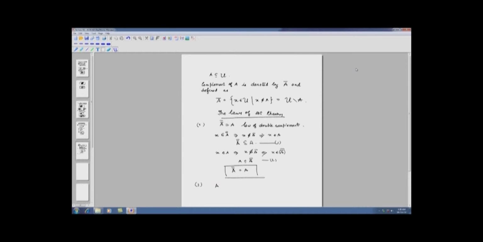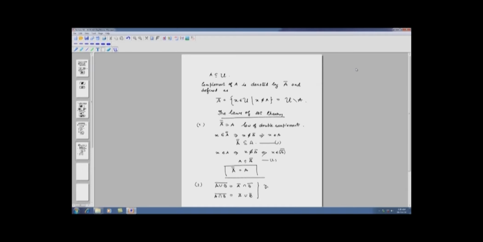The next result is De Morgan's law, which states that (A union B) complement is equal to A complement intersection B complement, and (A intersection B) complement is equal to A complement union B complement.